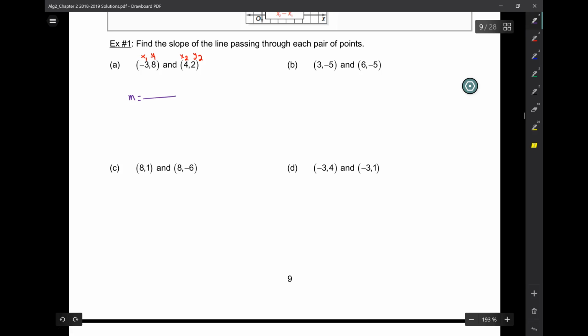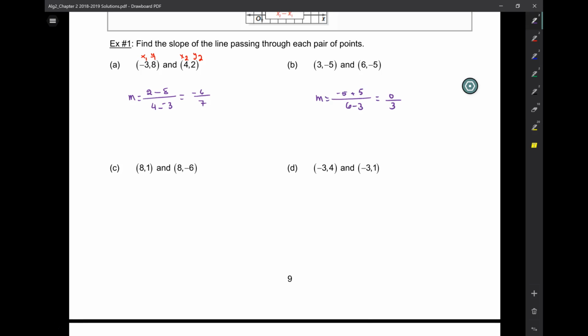So we're going to have y2, which is 2, minus 8, over 4 minus negative 3, negative 6 over 7. All right? Okay, so I'll give you 30 seconds to do the other 3. All right? Let's go.